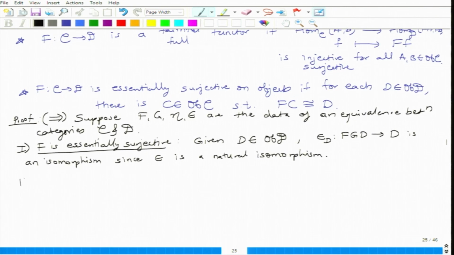Okay, so this is quite simple. Then we have to show that F is faithful. How do we show that? We have to show that if there are two parallel morphisms between two objects, C1 and C2, whose images under F are the same, then those two morphisms are also the same.